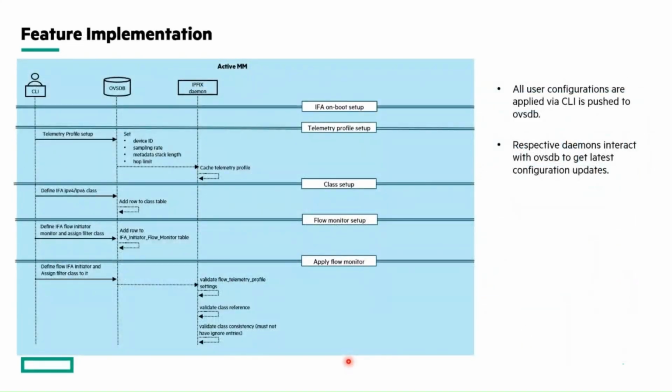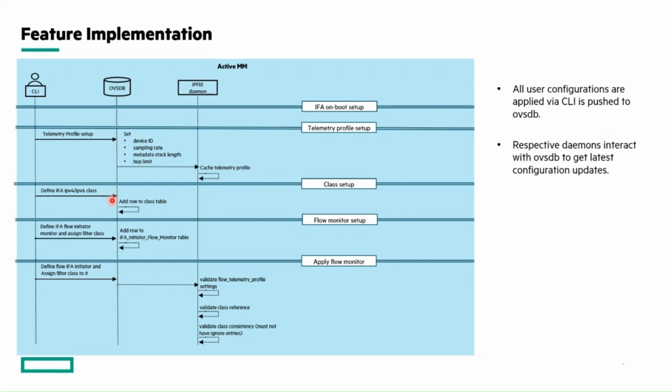Now, considering the feature implementation and how it is configured on the switch. As a user, by CLI or via REST, you will be putting a telemetry profile on the switch, and we'll be seeing in the coming slides what this really means on your switch, which will be pushed to OVSDB.